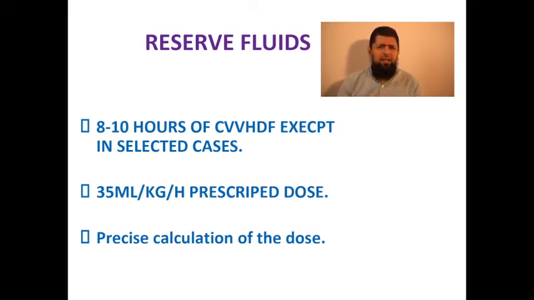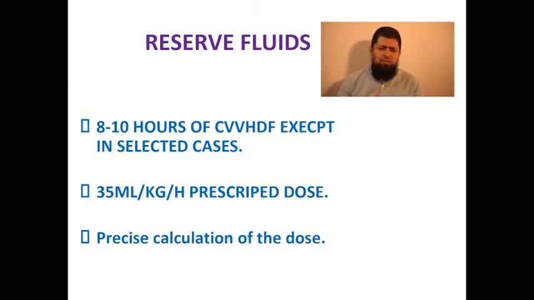We know that the ASN issued recommendations about using a high dose, about 40 to 45, in prolonged intermittent renal replacement therapy. But actually, over the last 10 years we have been using 35 ml per kg per hour as the prescribed dose in our patients, and we were able to achieve our targets using this prescription.